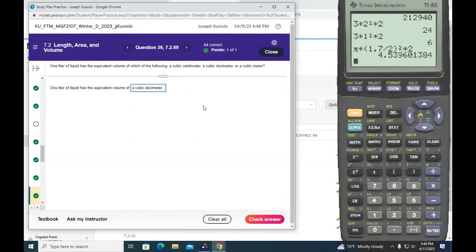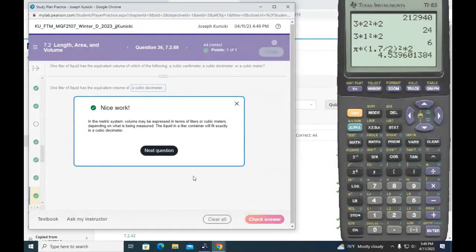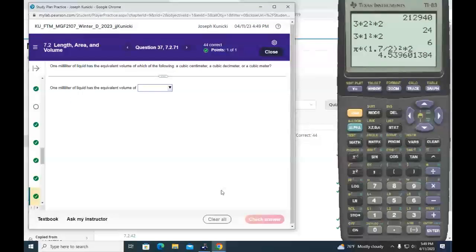All right, so it's on here. See on the front? Find the volume 1 liter. And then go to the left, and you see 1 decimeter cubed, which is 1 cubic decimeter. So that one was easy to reason out, but if you get stuck, most everything you need is on here. If it's not, you can add it, or you can use what you got to get the answer you need.